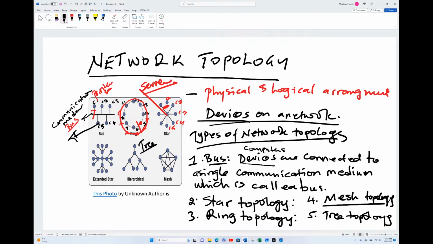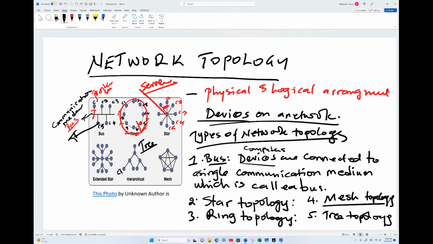Like we have the star and then we have the bus. So here, things have to move in hierarchy. When I talk of hierarchy, there's that chain of command. Things have to move from this, then to go to the other. Like you have this device here.